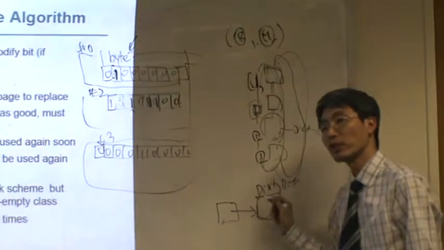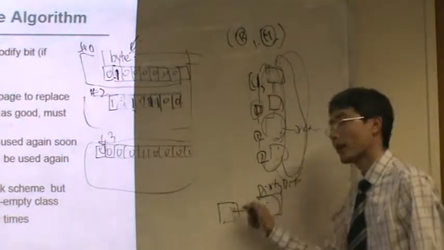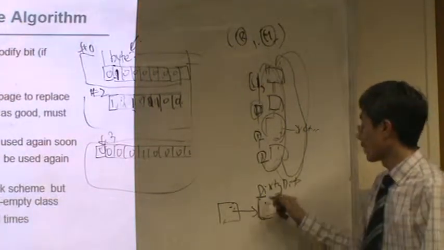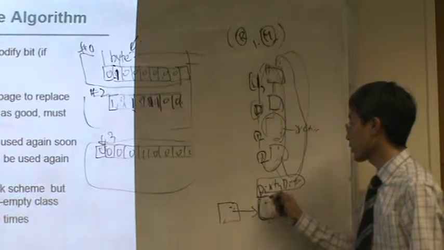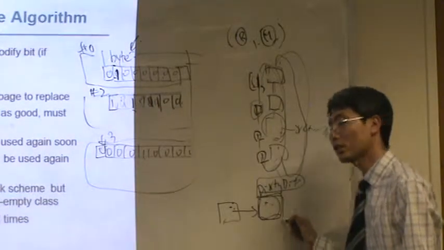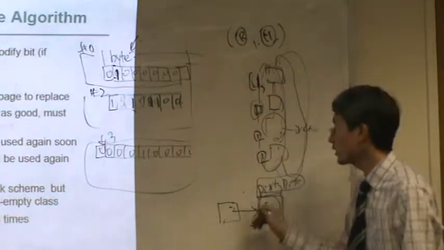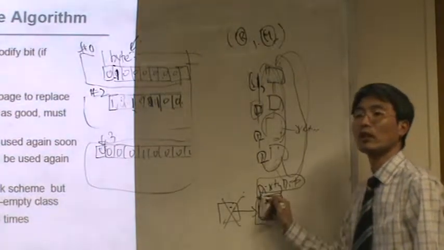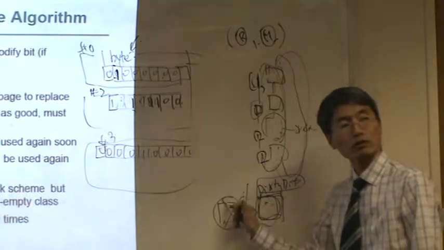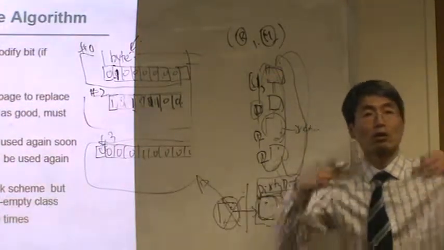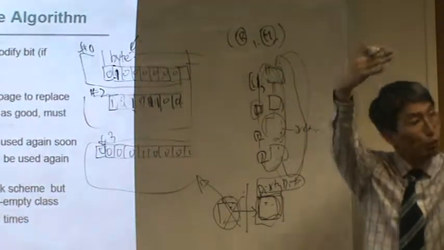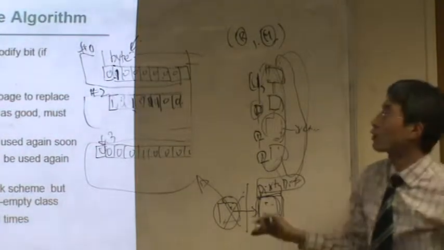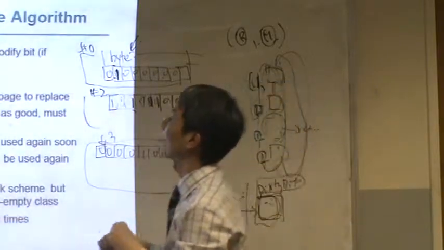Until the process that modified this one terminates, there might be 2 copies of the page. When the current process that modified this page terminates, then this one will be gone and you can use this one. Until that time, this one should be served for other processes in case of a shared page. So this is the dirty bit, the modified bit.